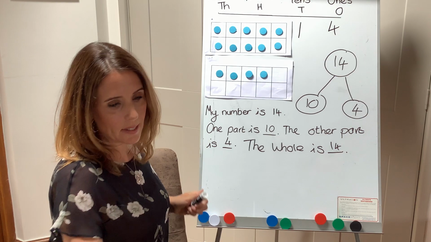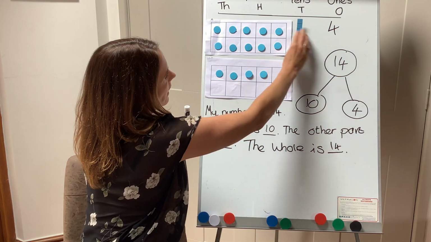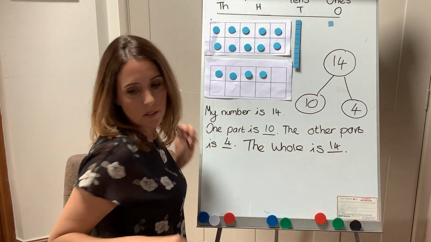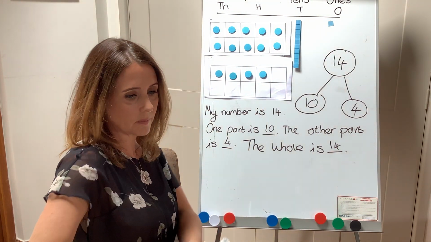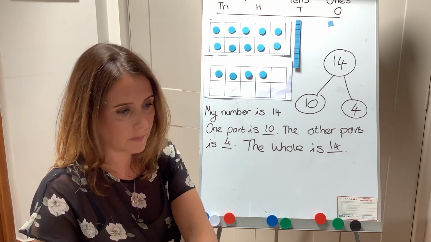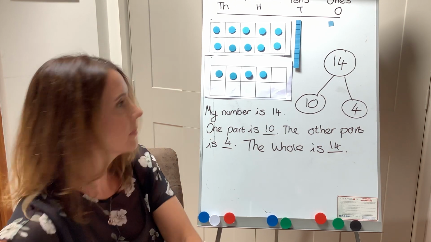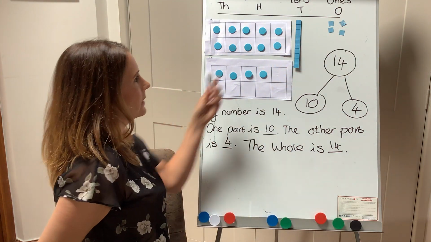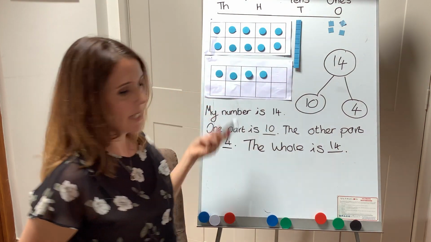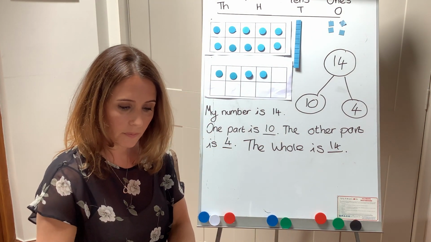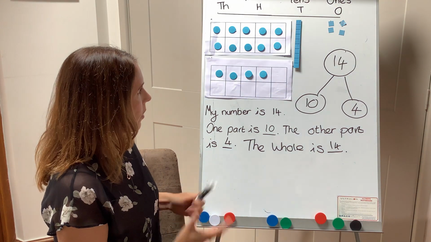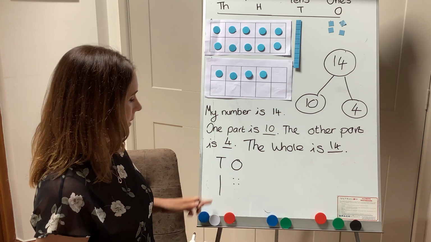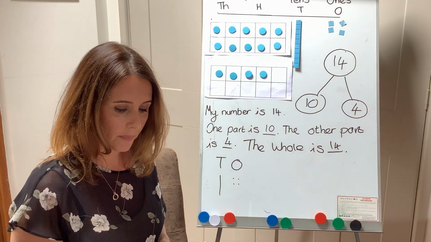Also, if we use base 10, we can see it's made of 10 and 4, and we can see that it can be partitioned into 10 and 4. So we can show it in 10s and 1s, or you can even draw it in 10s and 1s: 1 ten and 4 ones.